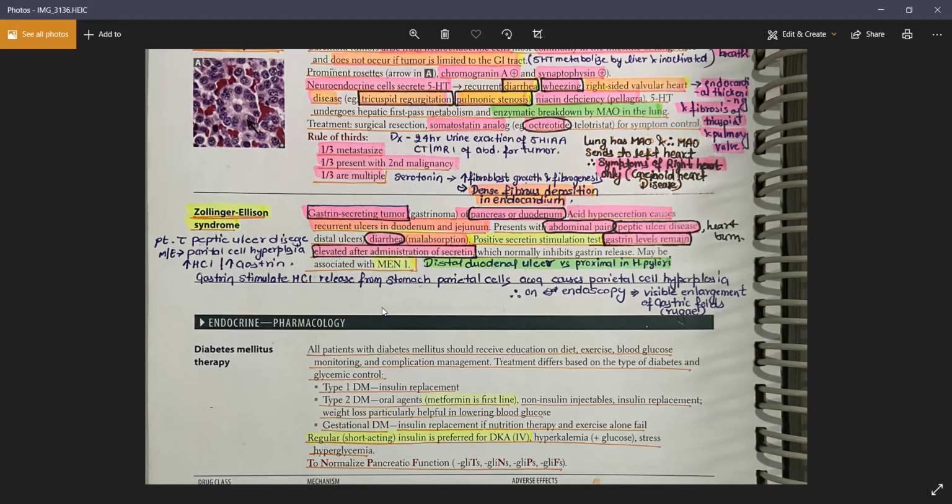Because of the proliferation of the parietal cells, you have visible enlargement of the gastric folds. So parietal cell hyperplasia is releasing the HCl, and for that you have every symptom of the ZE syndrome. Is that okay for everyone?